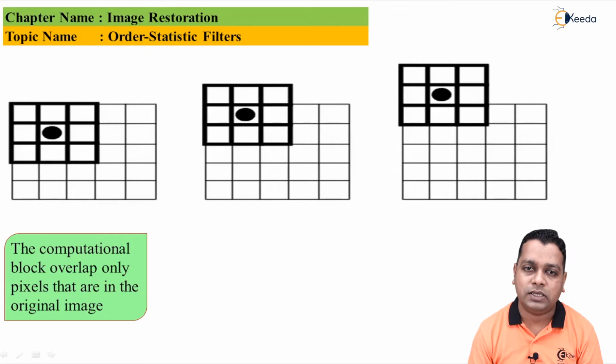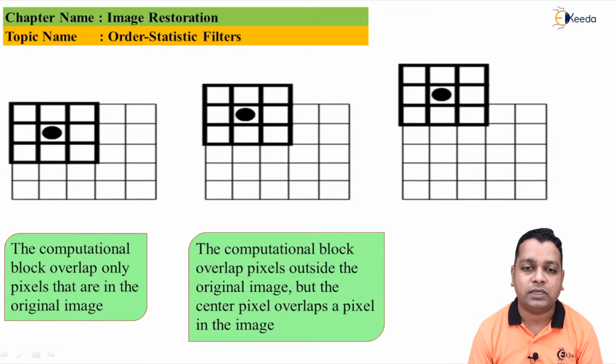In the second case, it becomes quite difficult to apply the median filtering. We have the computational block that overlaps pixels outside the original image. See here, the upper row is outside the image span, but the center pixel, the value that is to be replaced by finding the median, is a part of the image. So this question is to be addressed here.